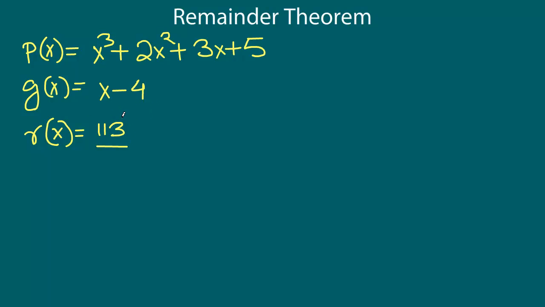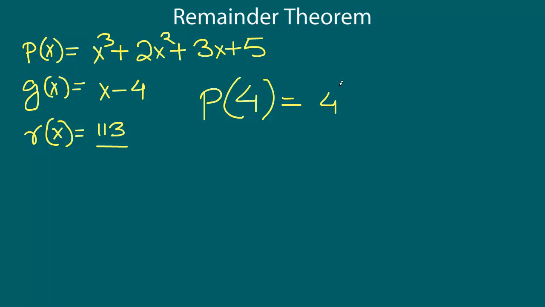So the remainder theorem is saying simply, if you find out the value of this polynomial at x equals 4, then that should give us the remainder. In other words, our remainder should be this. So let's find out the value of this polynomial at x equals 4.